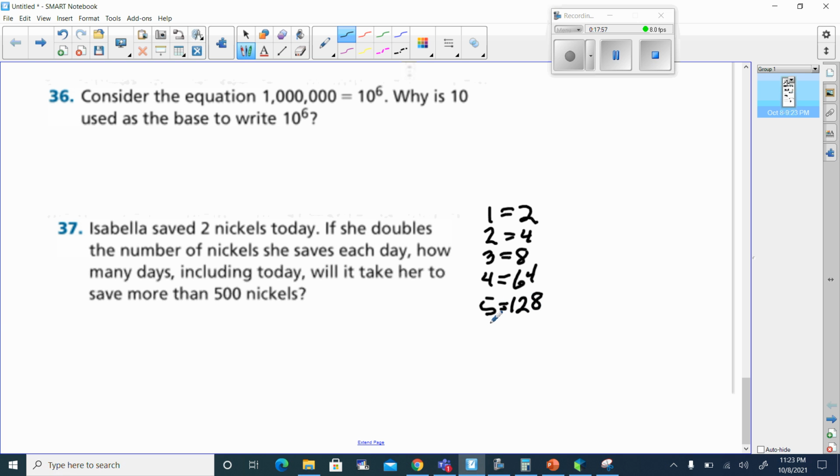On day 6, if I double 128, now we're going to start doing some multiplication. 128 times 2. Well, 8 times 2 is 16. Carry the 1, 2 times 2 is 4, plus 1 is 5, and then 1 times 2 is 2. That's going to be 256.